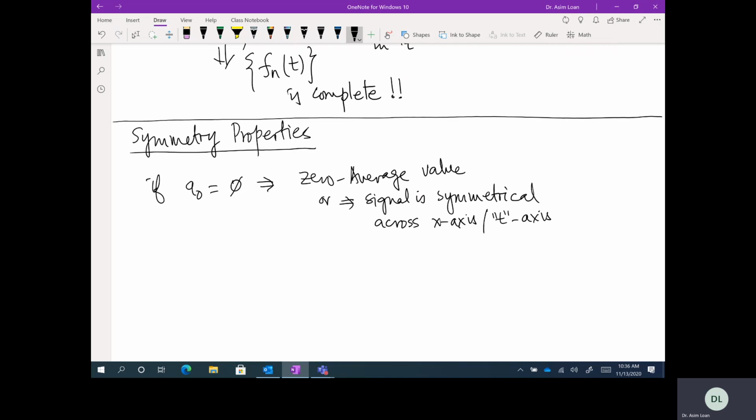Okay, what does zero axis symmetry mean?